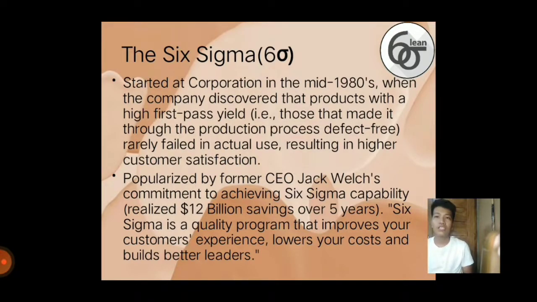So what is Six Sigma? Six Sigma is a quality control process that businesses use to eliminate defects and improve processes. It started in the mid 1980s when companies discovered that products with a high first pass yield, those that made it through the production process defect free, often failed in actual use.